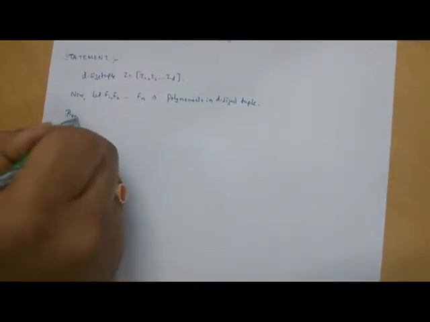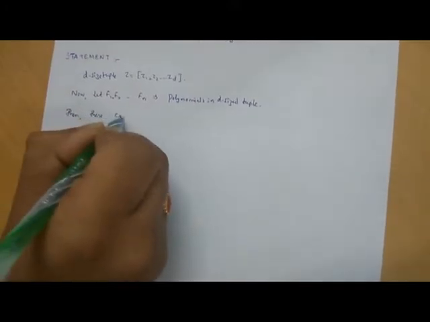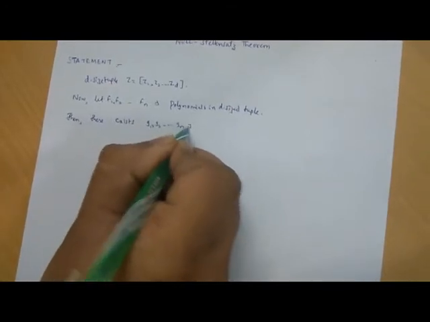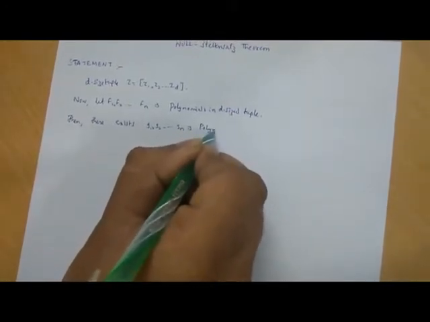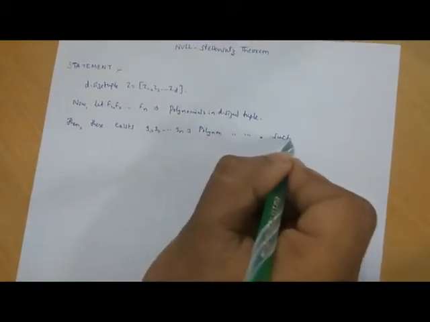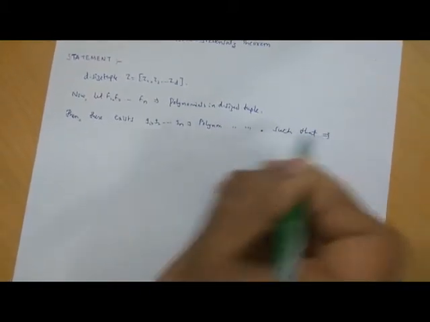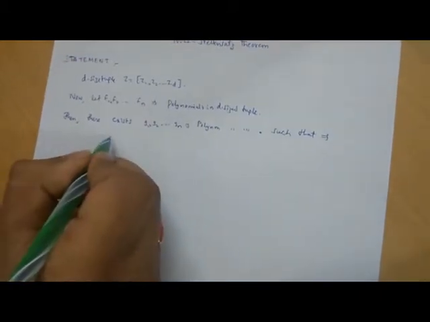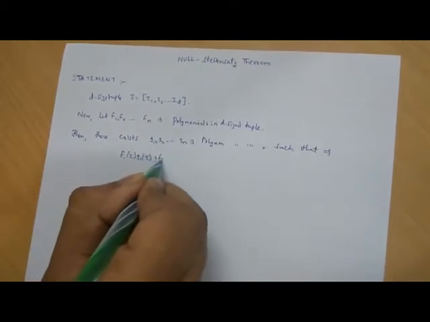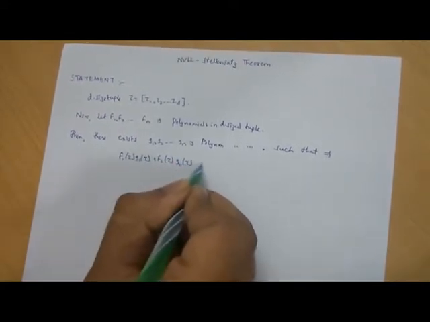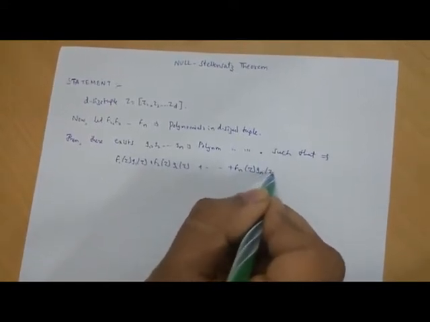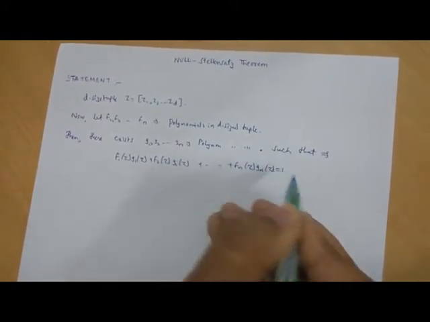Then suppose there exist g1, g2, and so on up to gn, which are also polynomials in the d-sized tuple, such that they satisfy the following relation: f1(z) g1(z) plus f2(z) g2(z) and so on up to fn(z) gn(z) equals 1.